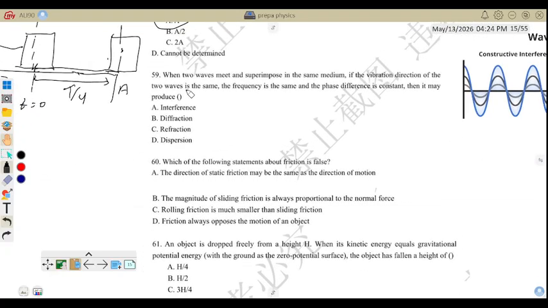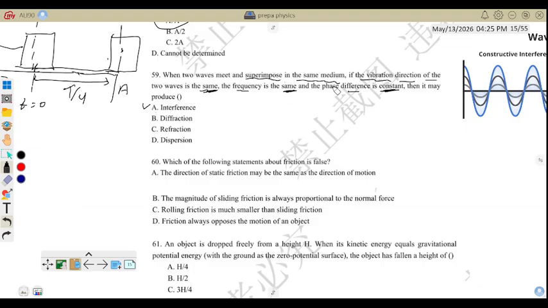The 59 here: when two waves meet and superimpose in the same medium, if the vibration direction of the waves is the same, the frequency is the same as well, and the phase difference is constant, all of those conditions remind us of interference.